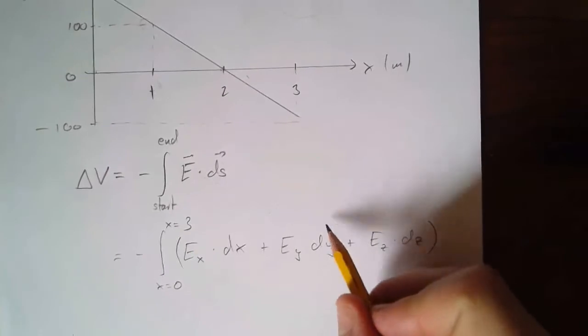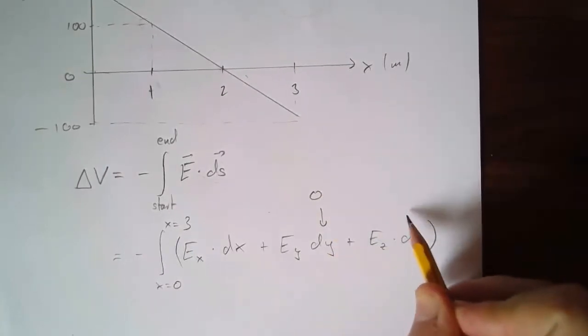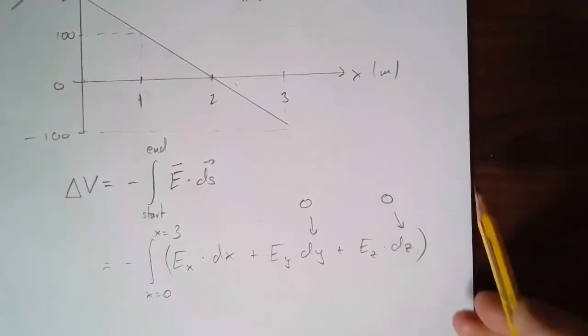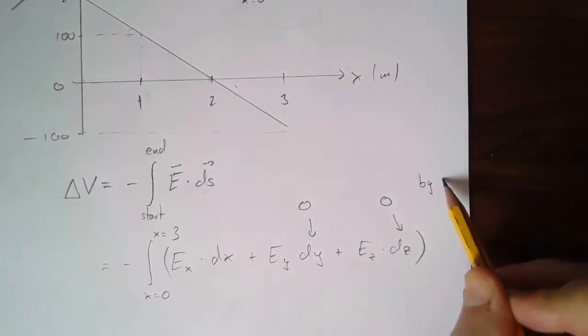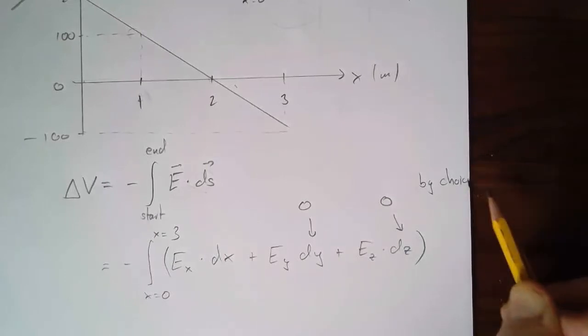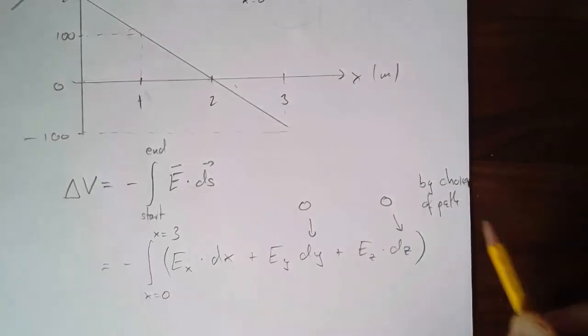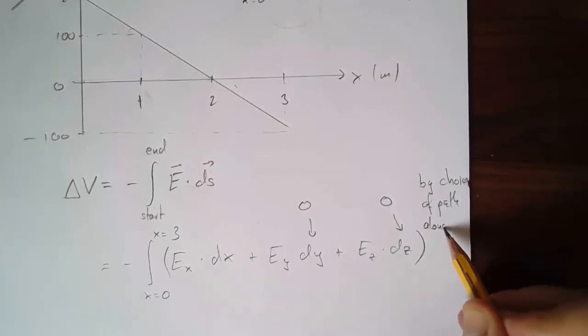But in our case, these ones are 0 by our choice of path. Because we're going just along the x-axis.